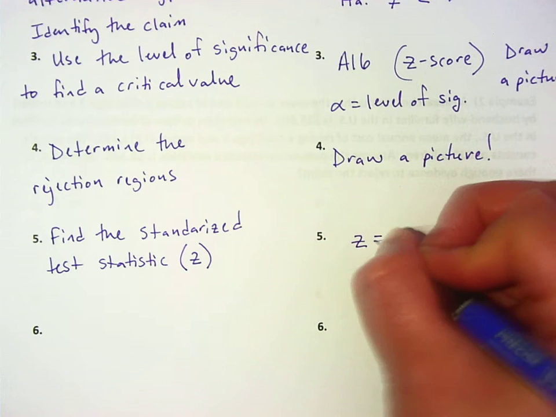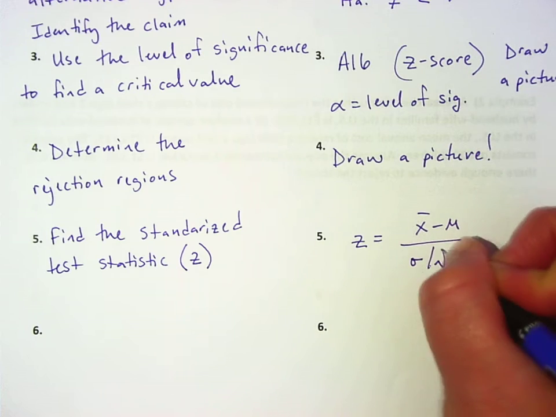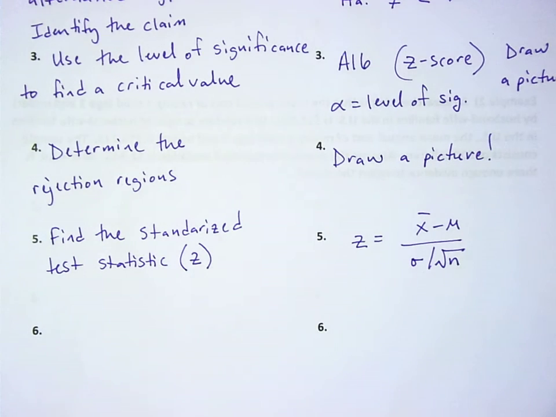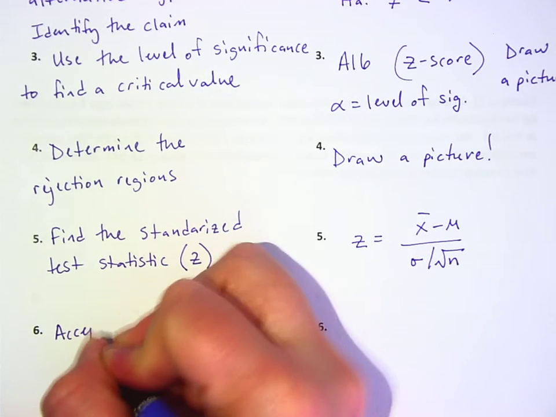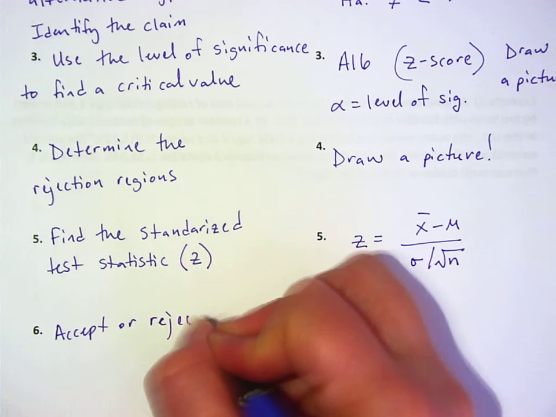And that formula is x bar minus mu over sigma divided by the square root of n. And then finally, you accept or reject the claim. Well, actually, no, you accept or reject the null first.